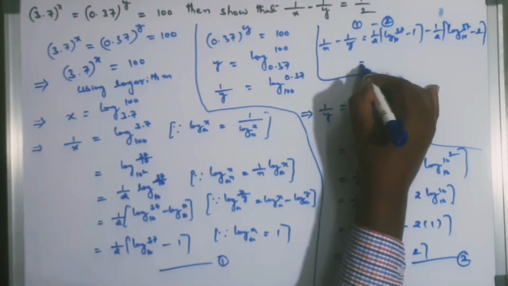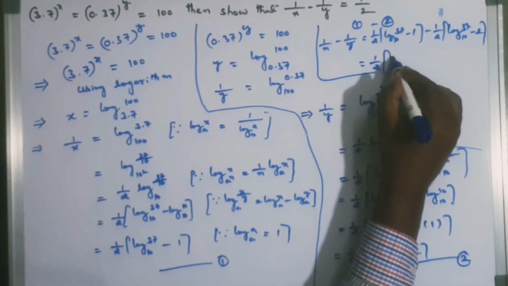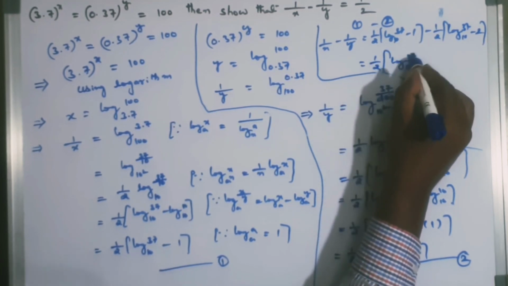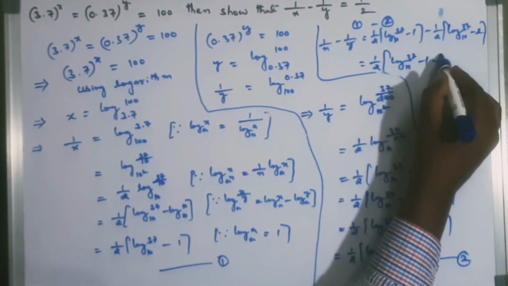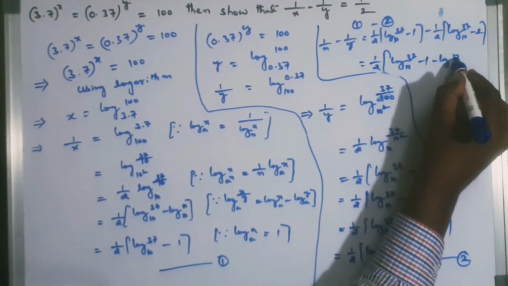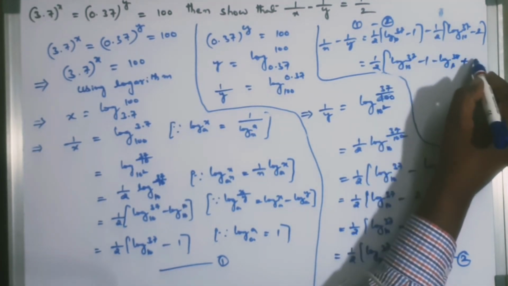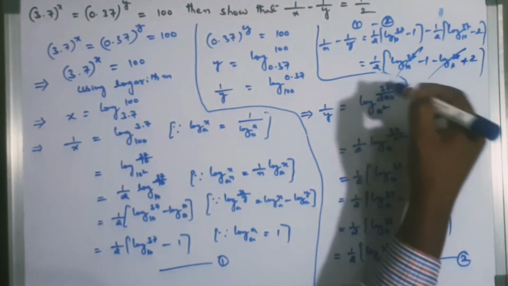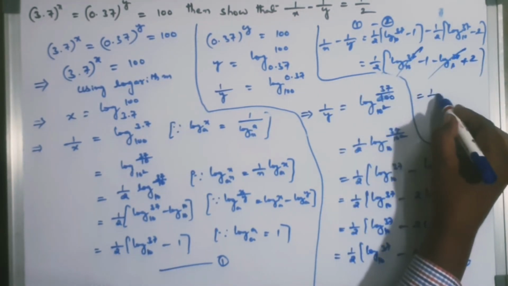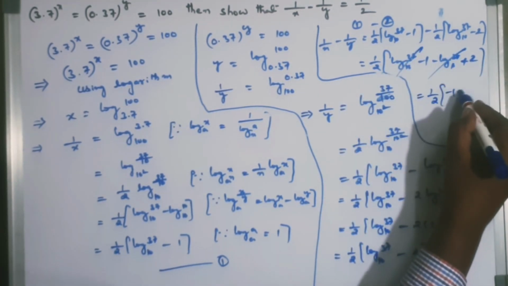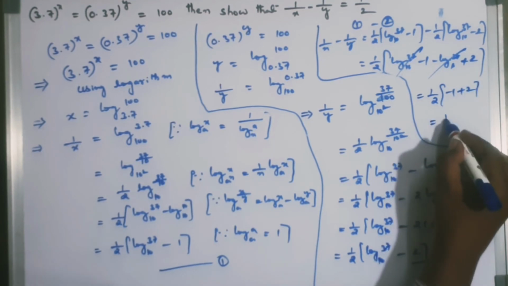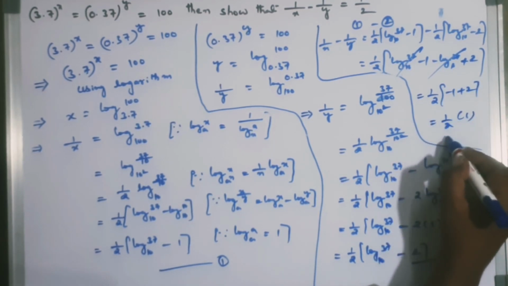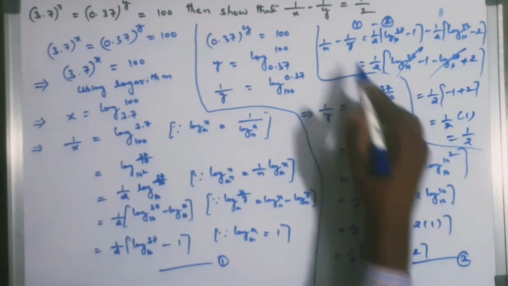So totally I will take 1 by 2 common. Log base 10 to 37 minus 1 minus log base 10 to 37 minus into minus plus 2. Cancel. 1 by 2 of minus 1 plus 2. 1 by 2 of 1 equals 1 by 2.